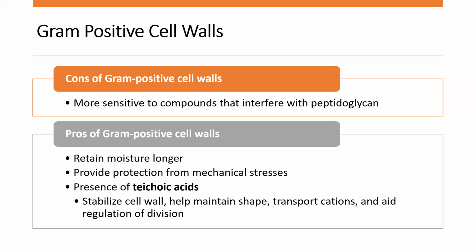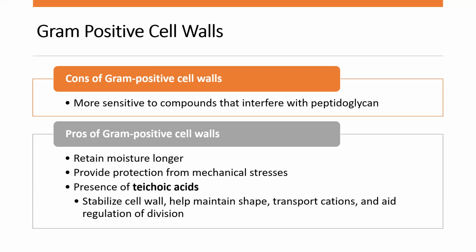One of the bigger pros is that oftentimes your gram positives are going to be better at retaining moisture. They're going to be more tolerant of salt and some other environmental stresses. They can be protected from mechanical stresses, so they're not as easily broken.